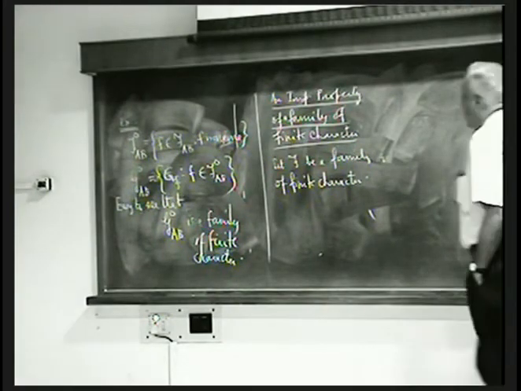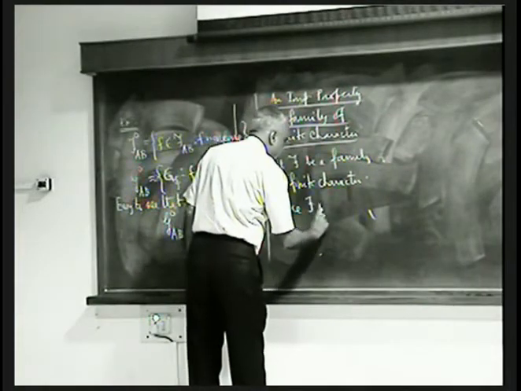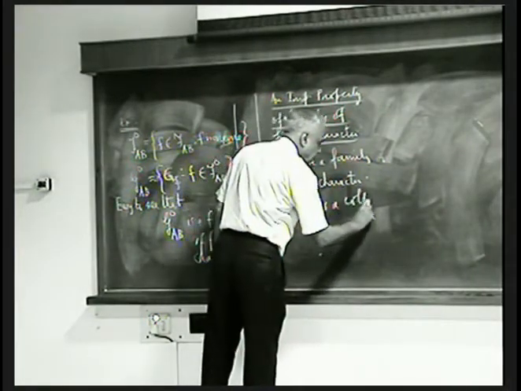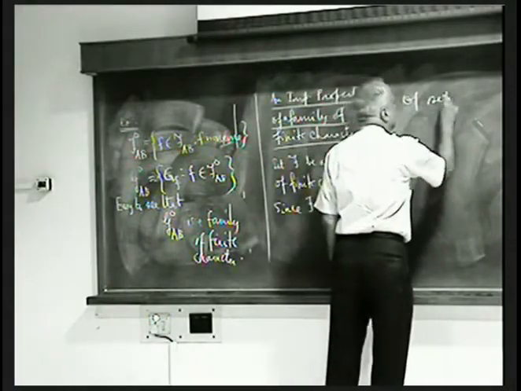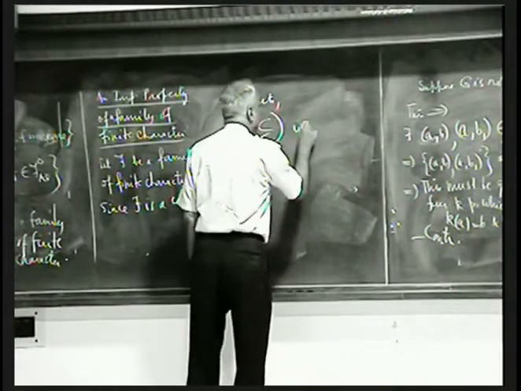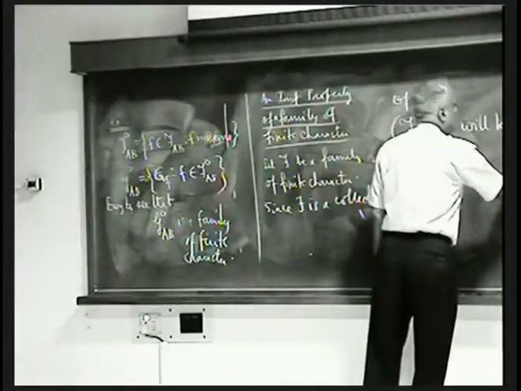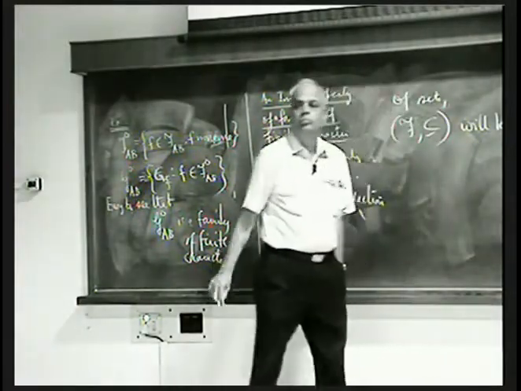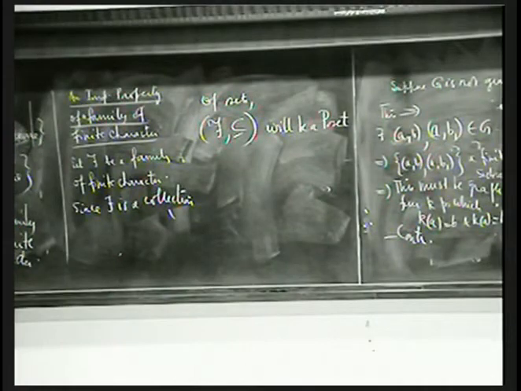So F, since F is a collection of sets, the subset or equal to relation is always a partial order on any collection of sets.